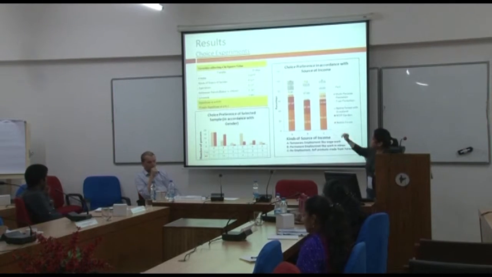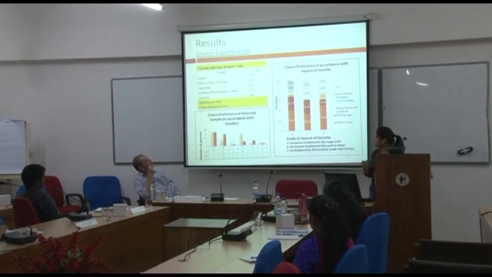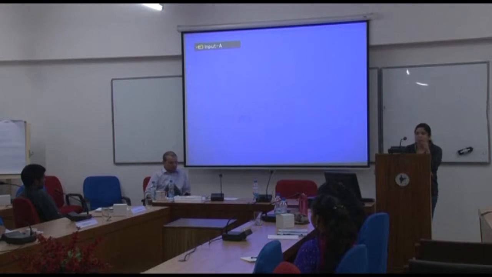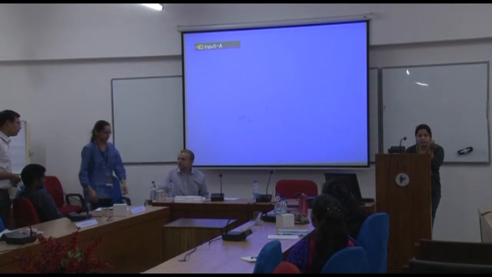We also compared the choice experiments with various other variables to see if there is any relation, and we found that gender and the kinds of source of income have a significant effect on the choices they are making. So for example, with gender, the first preferred choice, the choice that got the most votes, was native forest.